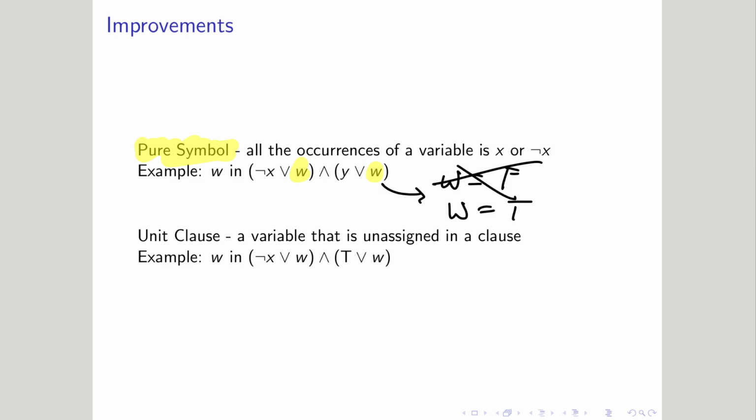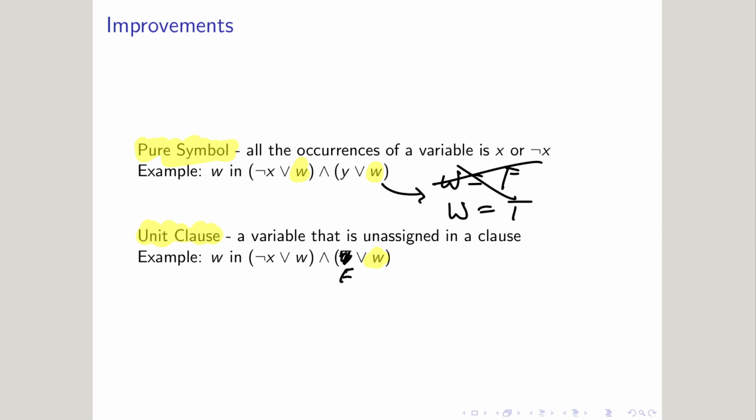Another one is the unit clause. So once we start to fill in things and we get these sort of loners, sad W is by himself in this clause. Let's say, actually a better example, let's say for some reason this is false.